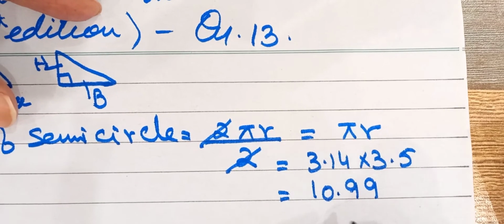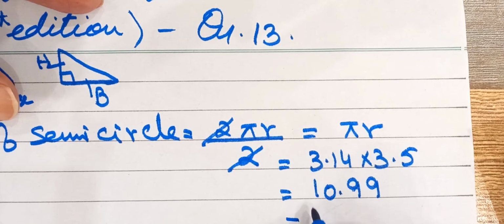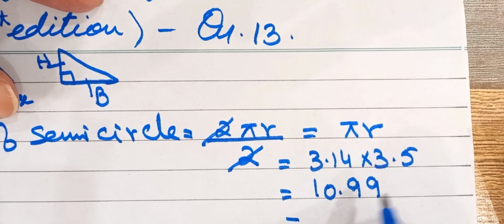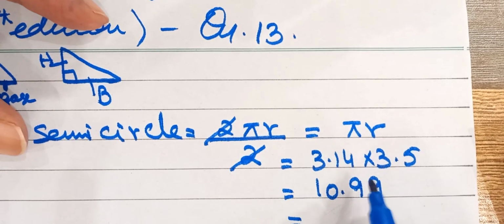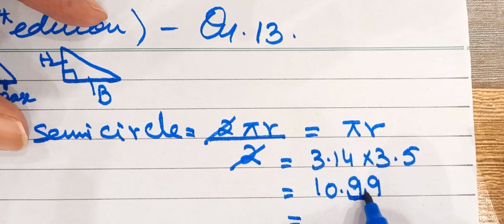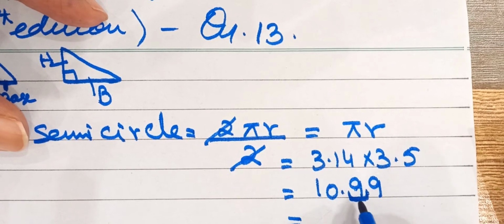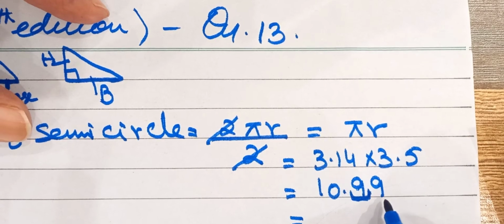I get the answer 10.99. I will write it down to one decimal place. If I round it off to one place of decimal, I have to look at the digit coming after it.